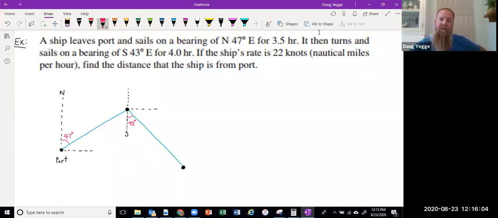So when we try to figure out the total distance that was traveled in each, let's just call this first one trip 1. I should be able to see that the distance, let's call it distance 1, is equal to 22 knots, which is our speed, times 3.5 hours.